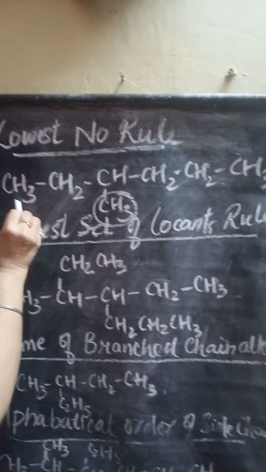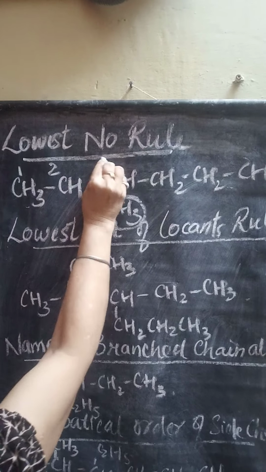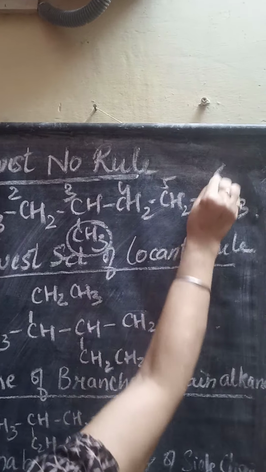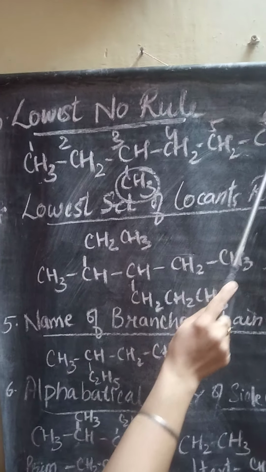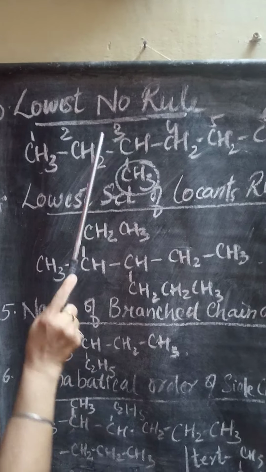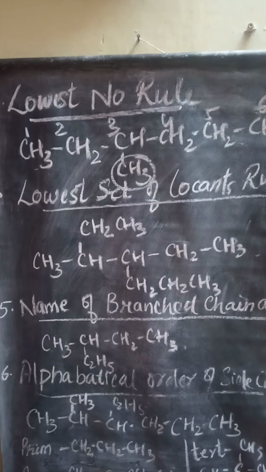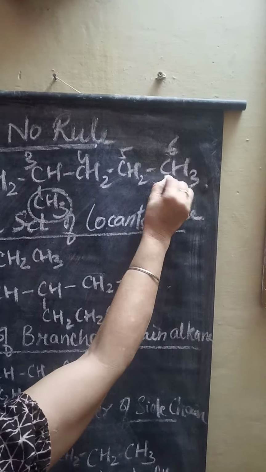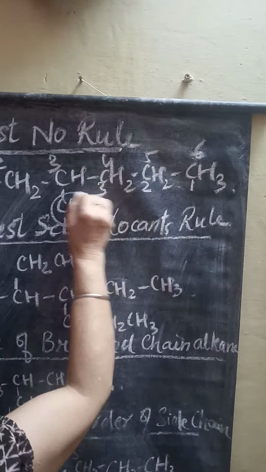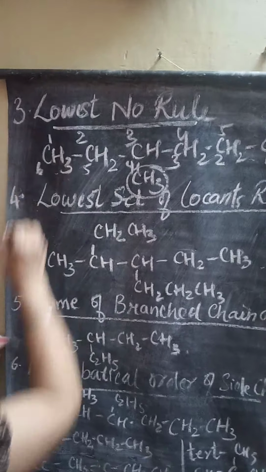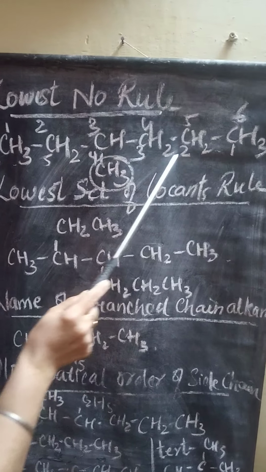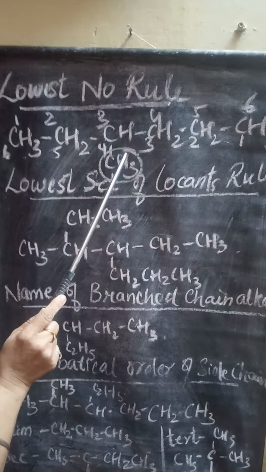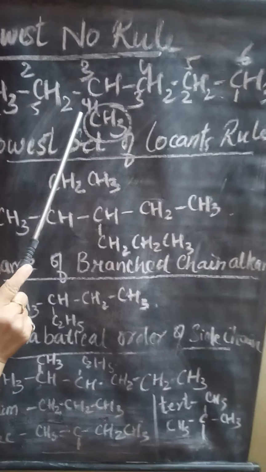So if we number from here, 1, 2, 3, 4, 5, 6, this is a 6 carbon chain, and the substituent group is attached at the third carbon. But if we start numbering from the other side, 1, 2, 3, 4, 5, 6, then the substituent group comes at the 4th position.